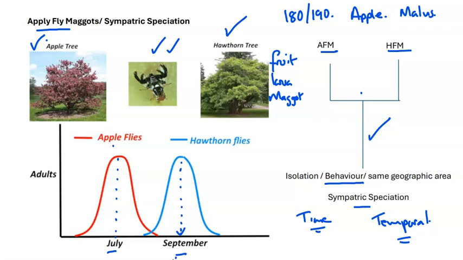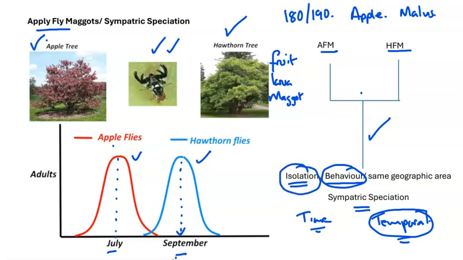So sympatric speciation, as distinct from allopatric speciation, means that the two populations of flies become reproductively isolated from each other because of behavior or because of time factors, and this creates a reproductive isolation so that their gene pools begin to diverge.